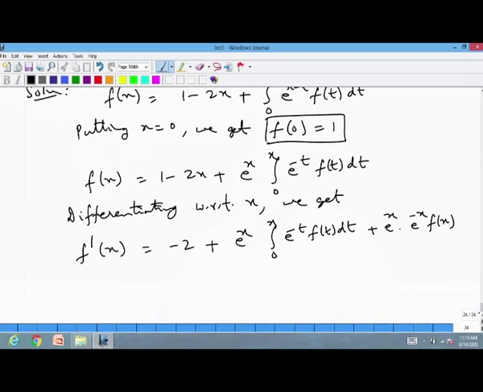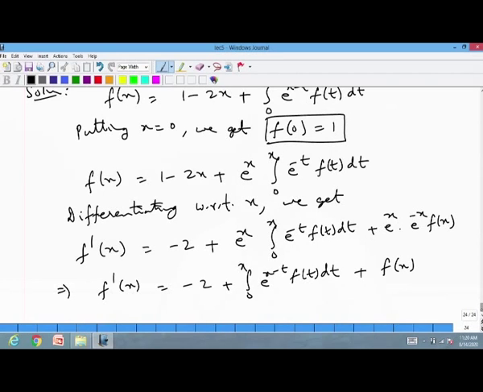So, this gives f prime x is equal to minus 2 plus, this again I can write as integral from 0 to x of e to the x minus t f t dt plus f of x.